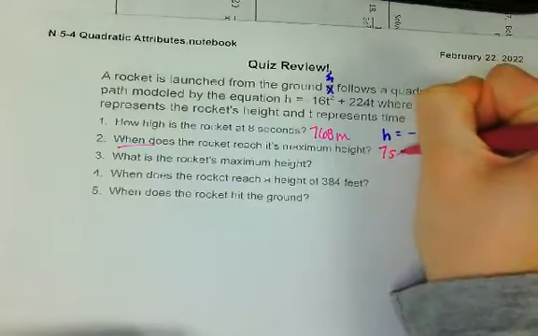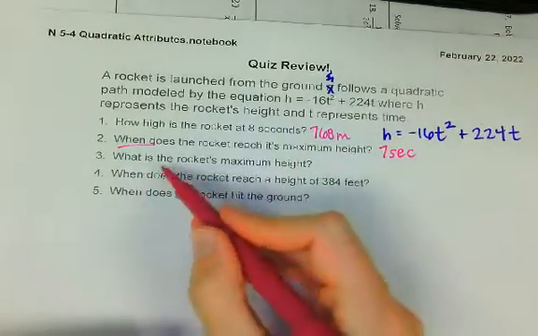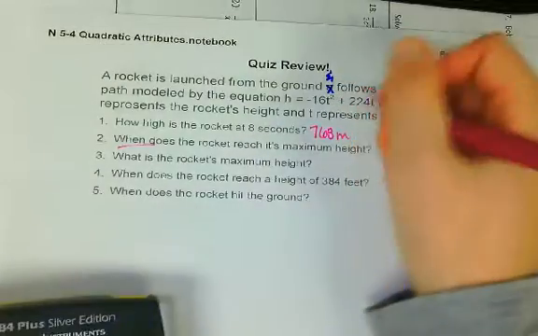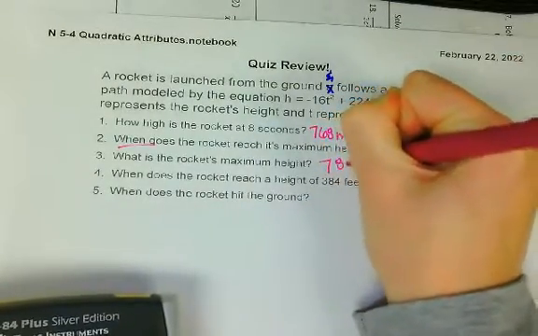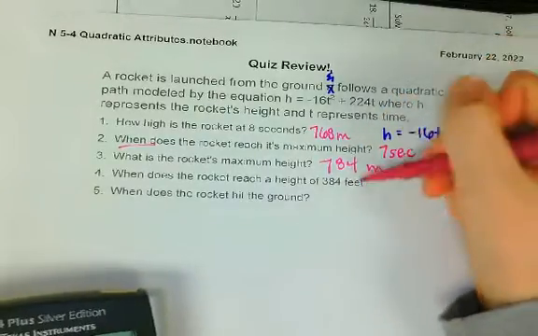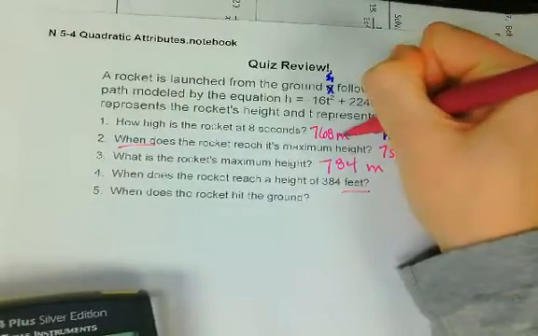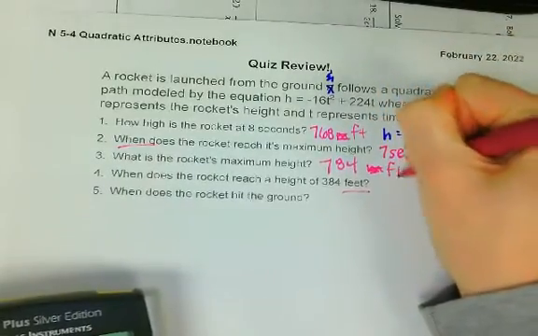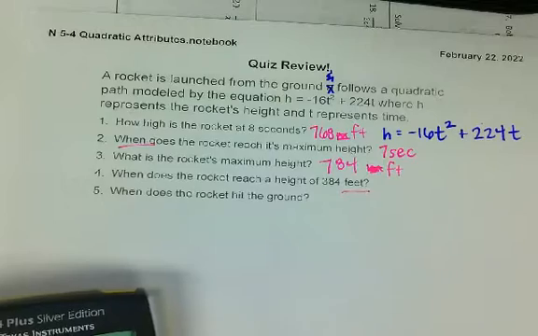So 7 seconds, and then what is the maximum height? So then I'm looking for that y that I was just on, 784 meters. Feet probably is going to make more sense. Oh, there's the unit, feet. Okay, makes more sense now.